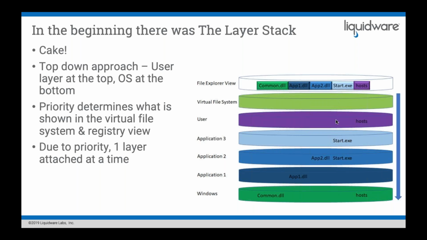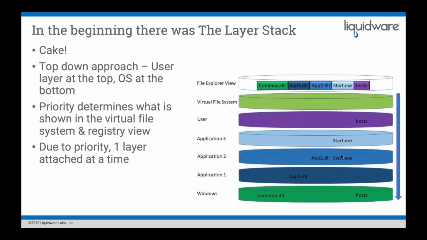So the problem that really starts to come up is that because you have this conflict, let's say it's a DLL. Let's say you get the wrong DLL in the wrong priority order, you have to go through and try to find what is the file that's causing an issue, a conflict between two applications, because typically you just simply don't have the visibility into the various layers to see what is in them to help determine the conflicts.